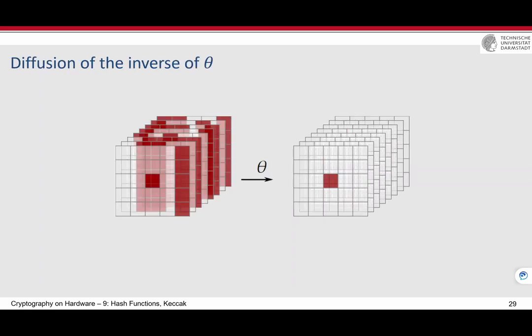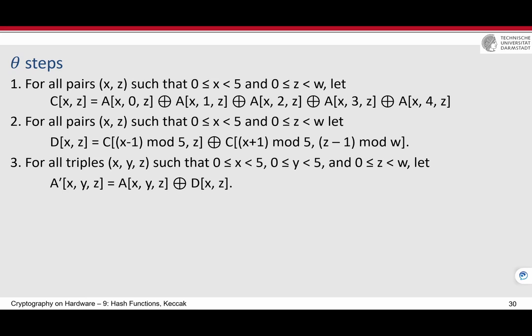Again, the diffusion of the inverse of this is much better now. Then you have those many changes to just have this one changed. The steps of theta are pretty long, meaning that there are a lot of XORs for all pairs of x, z, with x between 0 and 4, and z between 0 and w.